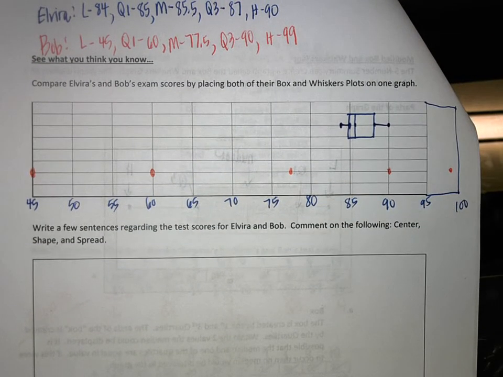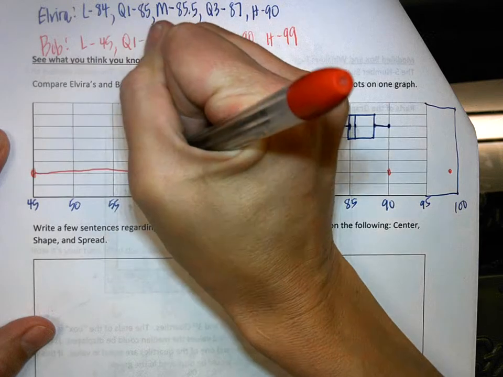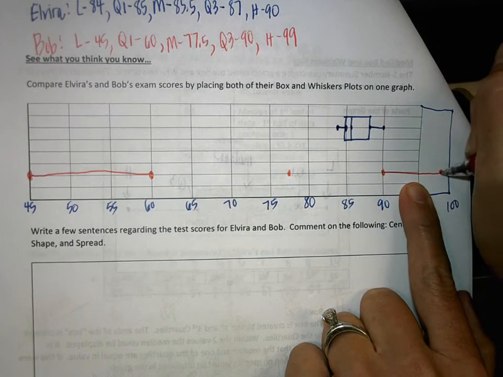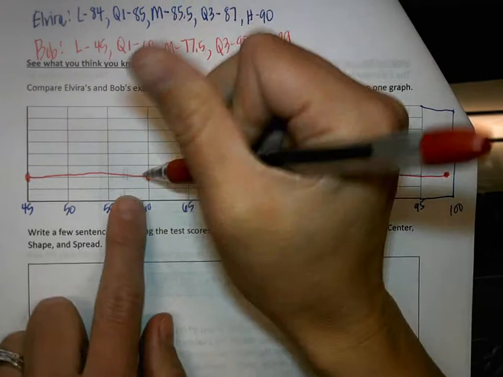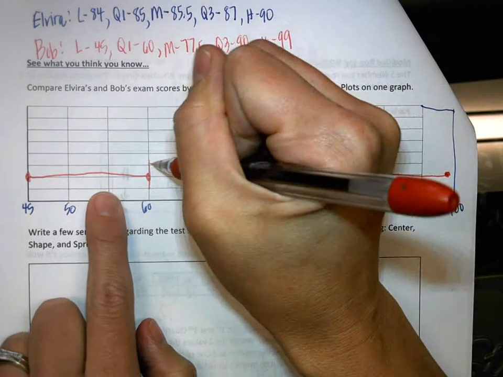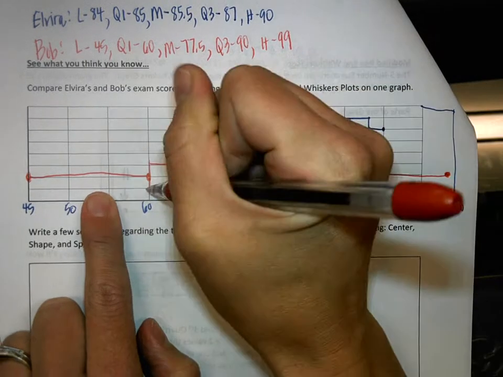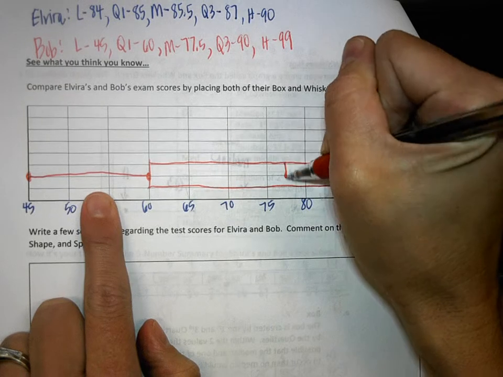So remember, the whiskers are just connecting the 2 endpoints, right? So we'll draw a line. You could use your ruler or ID card if you want to make these straighter, or it's fine, however it is. And then we box these 3 points. And then draw your median there in the middle.